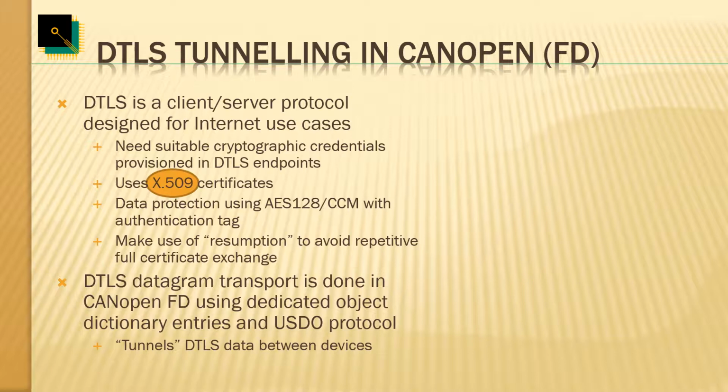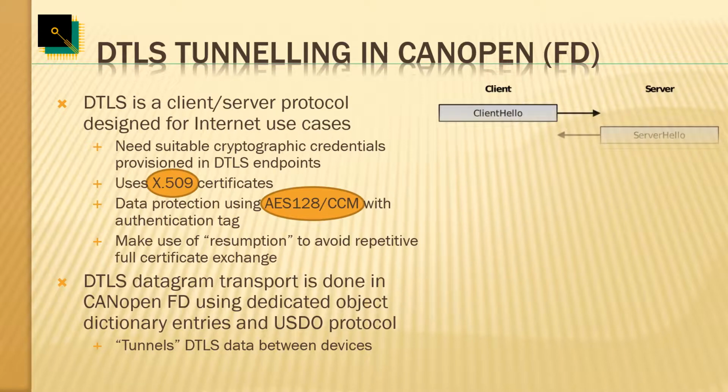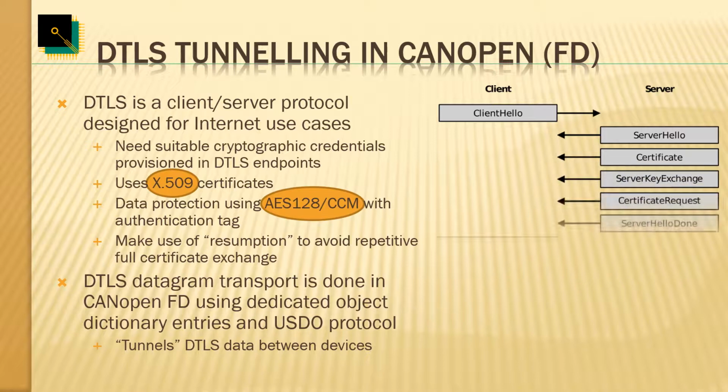Once the channel is established, then typically one switches to a protection like AES 128, because that's available in quite a few microcontrollers that have security hardware. So that makes perfect sense to use during the data transfer.